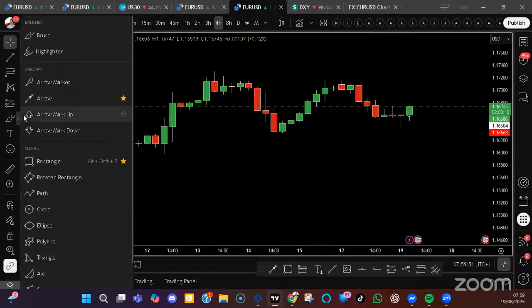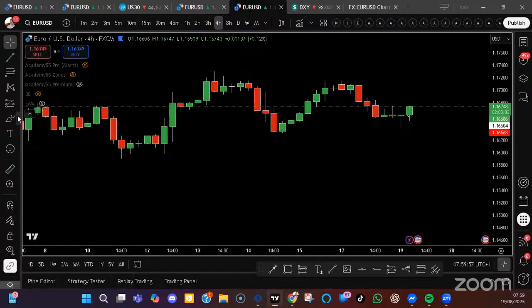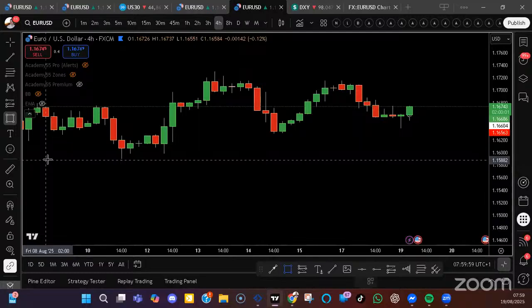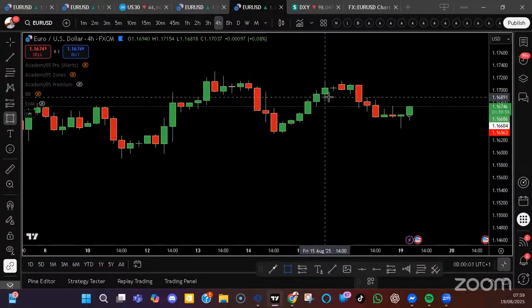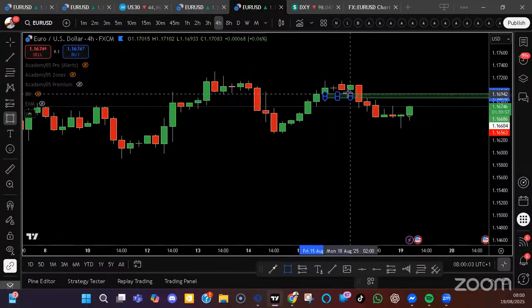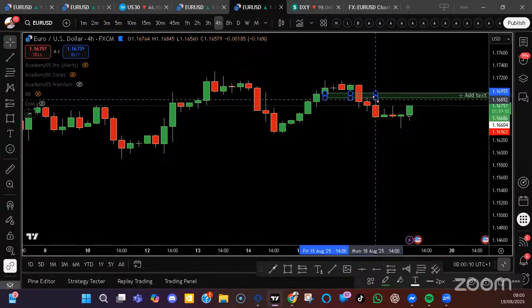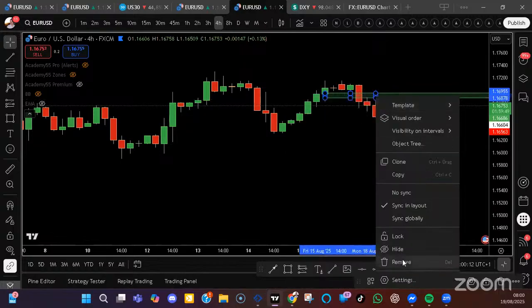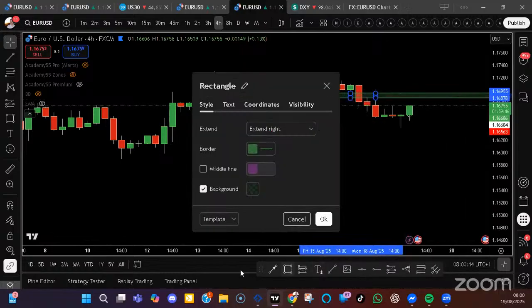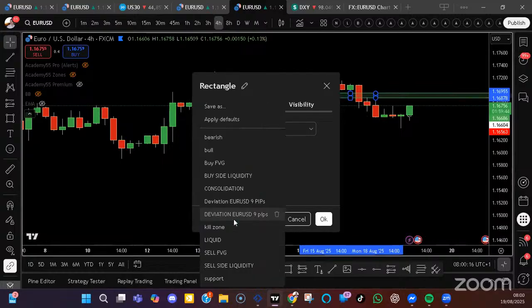Imbalance is where the market has gone one way without balancing itself out. In other words, on this candle here, that red one, it's all been sell, instead of no buys.